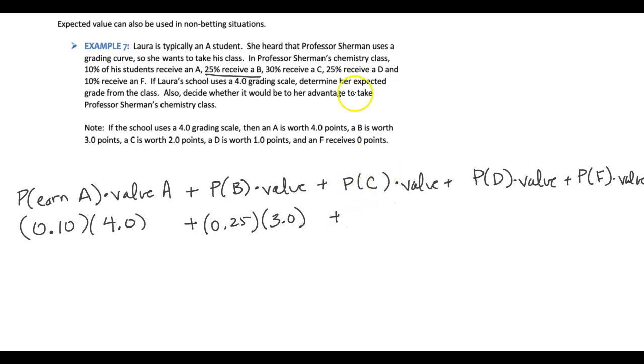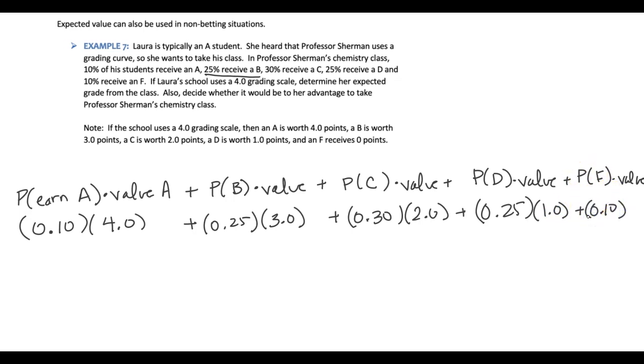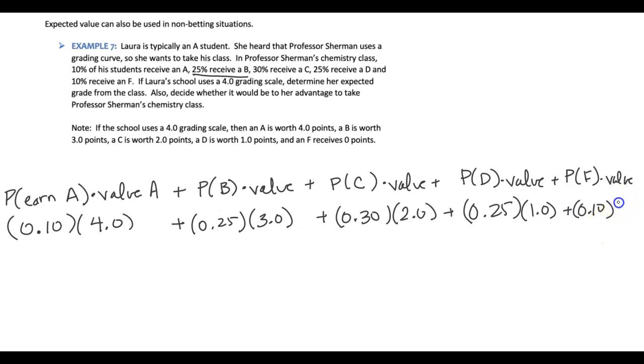The probability of a C was 30% of the class, and the value of a C is a 2.0 GPA. The probability of a D is 25% of the class will earn a D and have a 1.0 GPA. The probability of an F is 10% of the class will receive an F, and that is a 0 grade average.